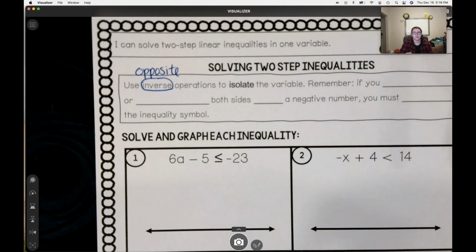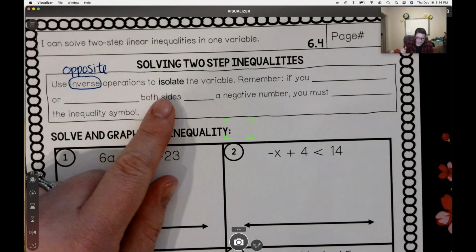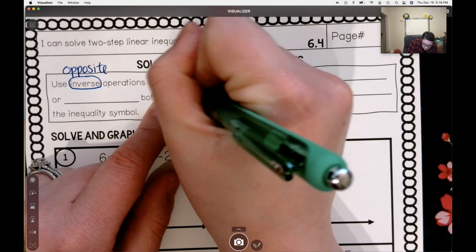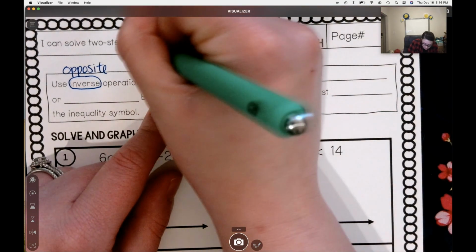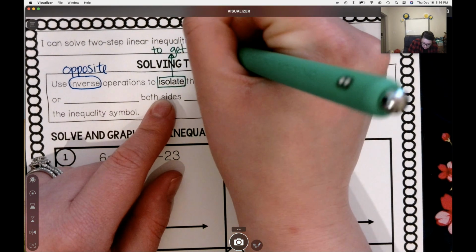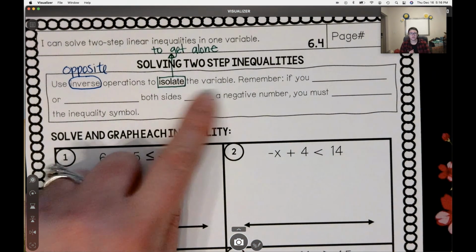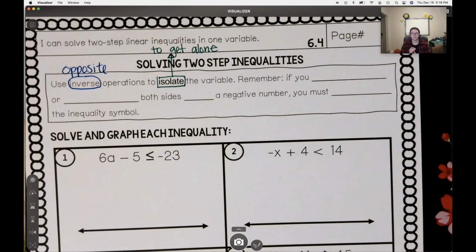Inverse means opposite. That word here that they already bolded for you, isolate. What does isolate mean? To get alone. We want to get our variable alone using opposite operations from what we see.